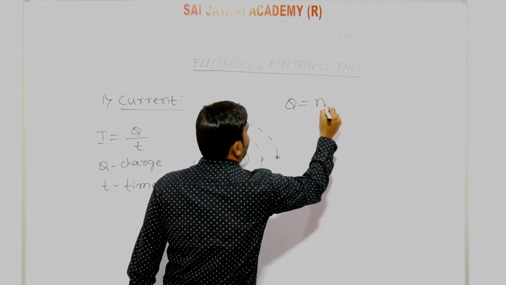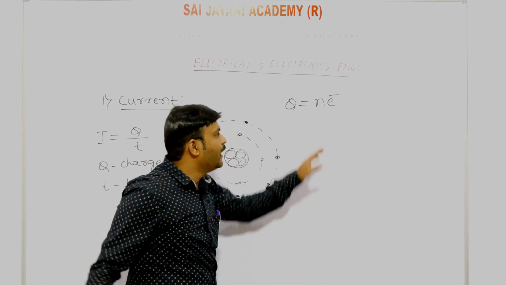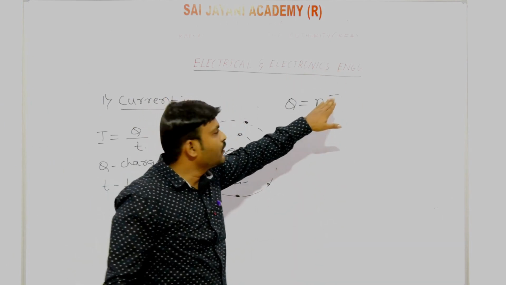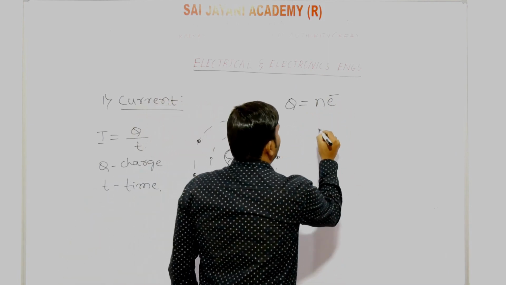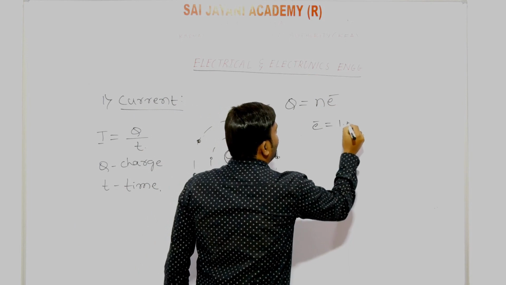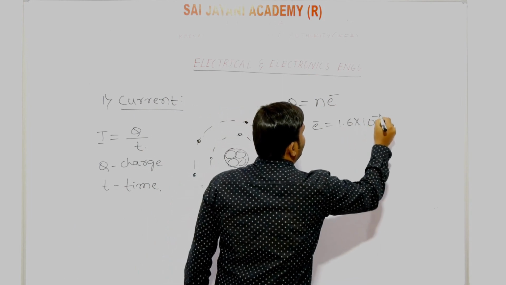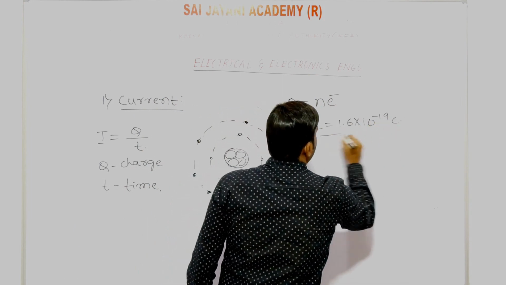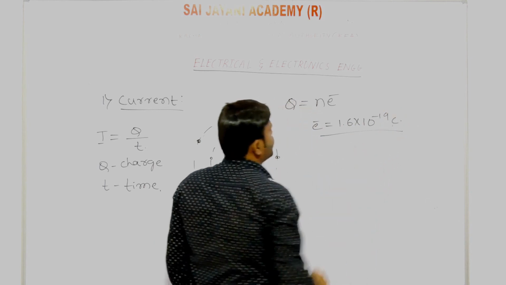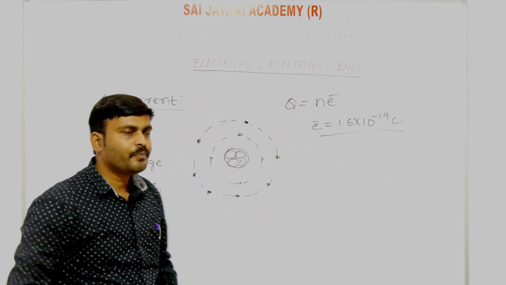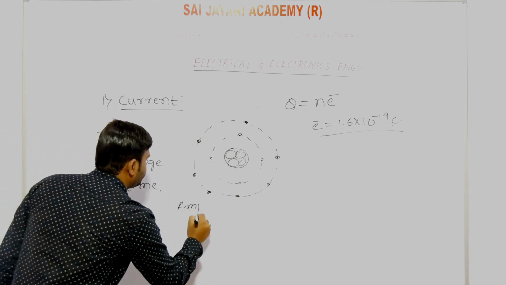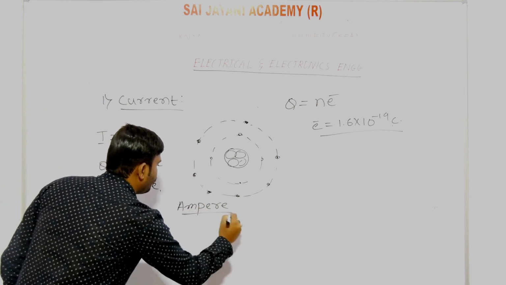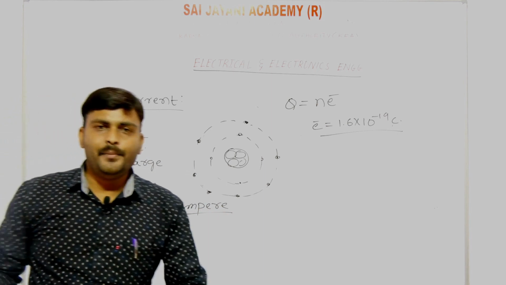Q is equal to N into E. N is the number of electrons, E is the charge of an electron. Charge of an electron is given by 1.6 into 10 raised to minus 19 coulombs. So charge's unit is coulomb and the current's SI unit is ampere.